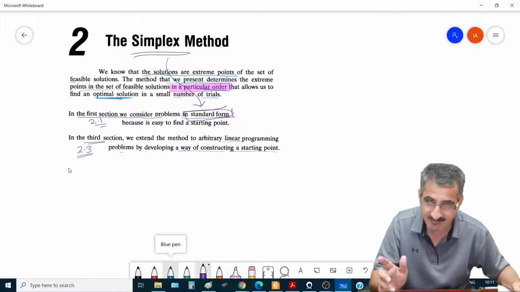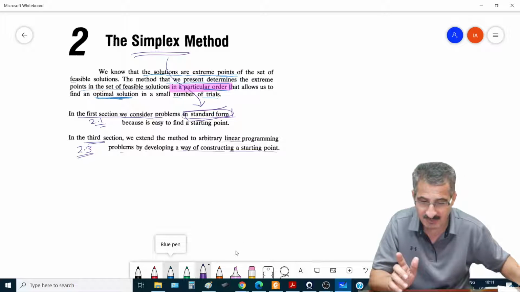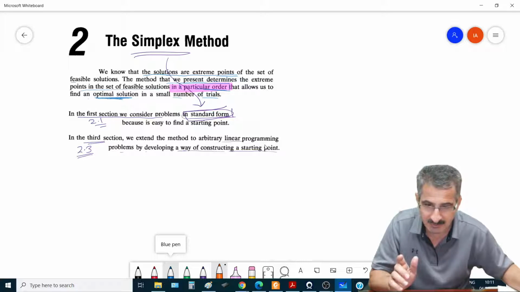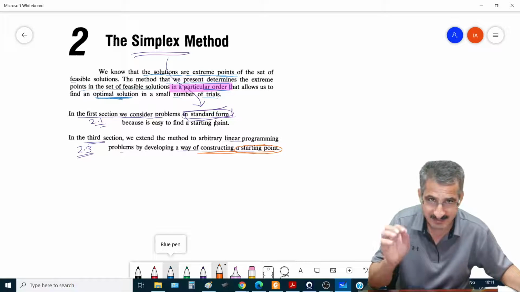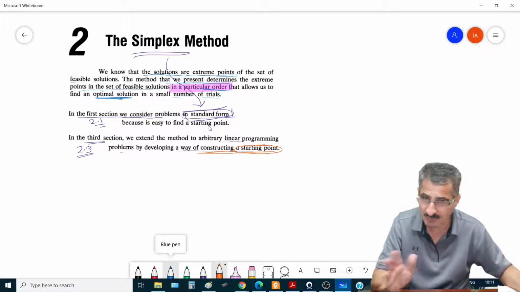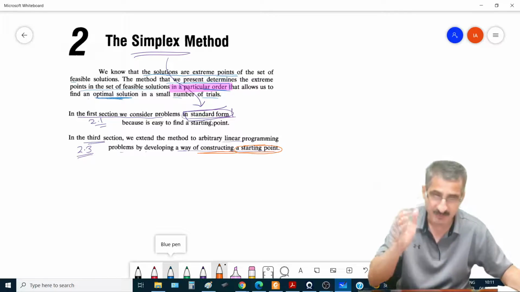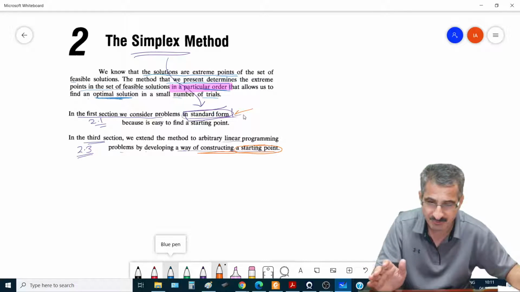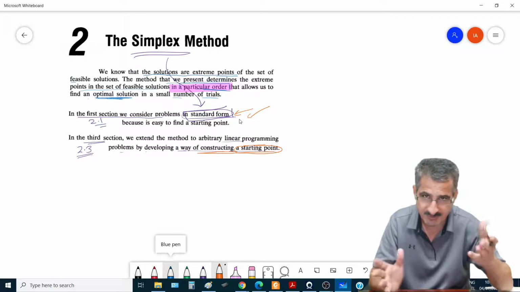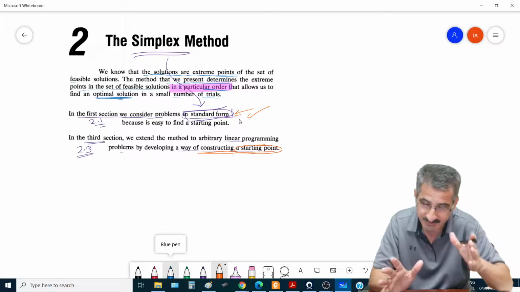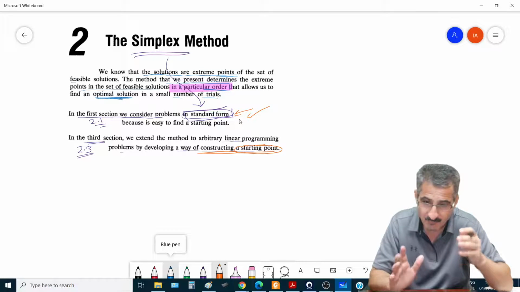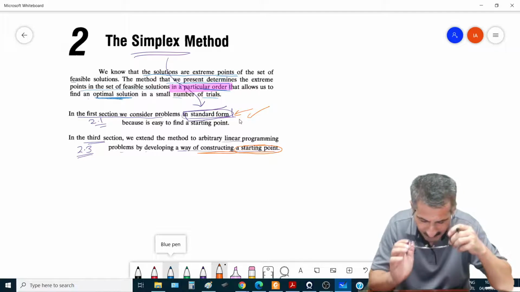And what is the difference? The difference is that we don't know yet how to find a starting point. We need to construct a starting point. If we are in standard form, then we know how to choose the starting point, the starting solution. What do I mean by starting point?